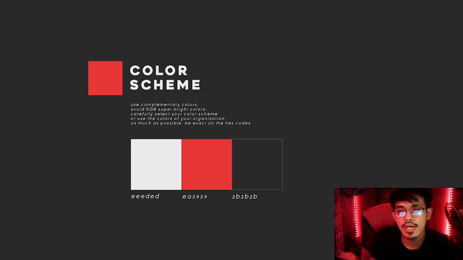Now for this part, you need to select your color scheme or your color palette. So why do I deem this necessary? Because in my experience as a graphic designer, we always have the risk of selecting colors by color picker or eyedropper.